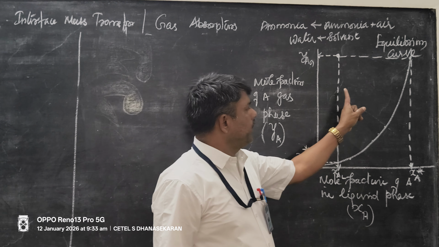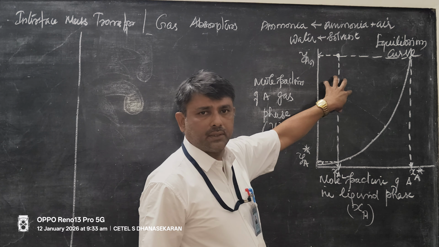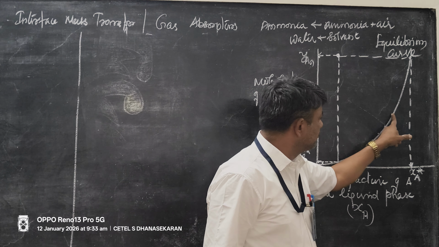First, ammonia molecules diffuse from the bulk gas to one side of the interface. Second, crossing the interface. Third, from the other side of the interface to the bulk liquid.